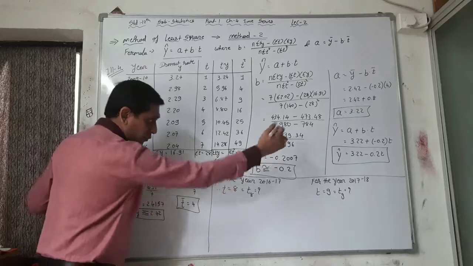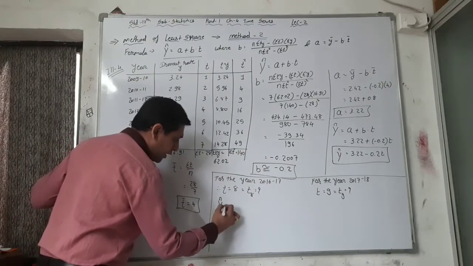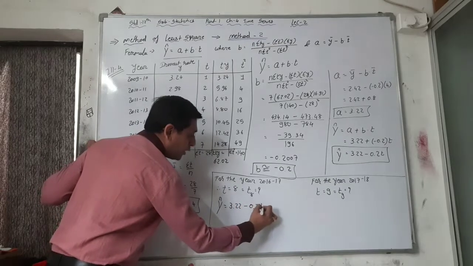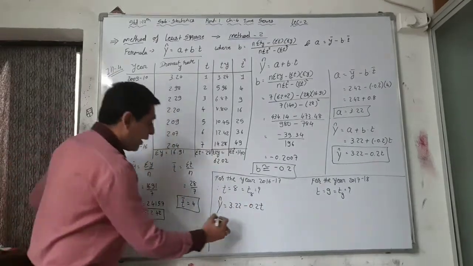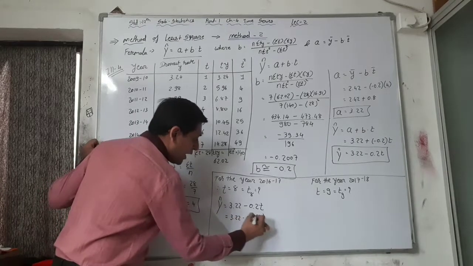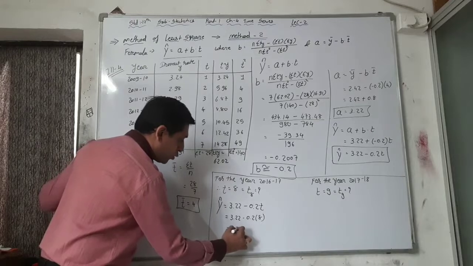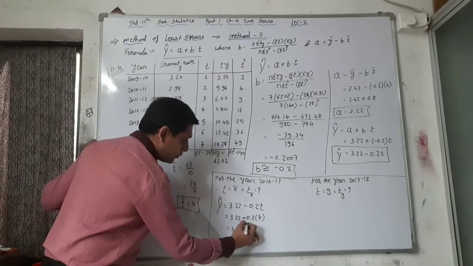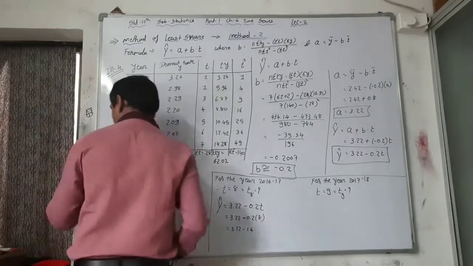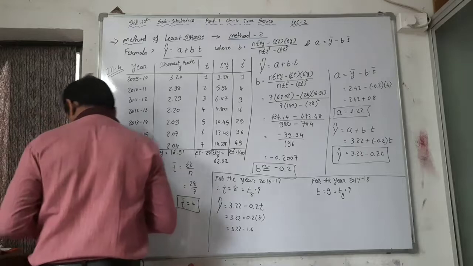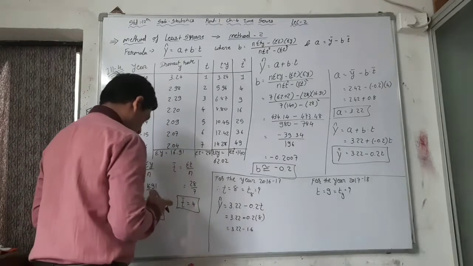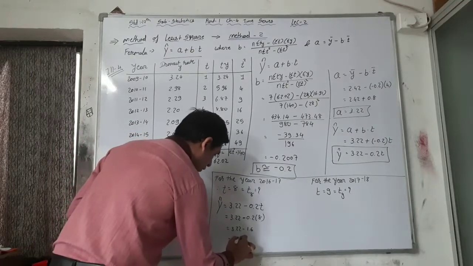Right? So here we are putting the value in our equation, that is 3.22 plus minus 0.2 t. This is our equation, and we are putting first of all 0.2 into 8. 3.22 minus 1.6. Okay, so what's the value for that? 3.22 minus 1.6 is equal to 1.62.